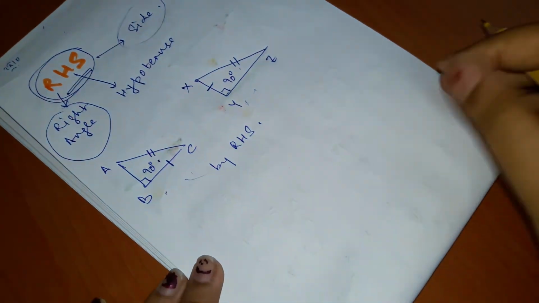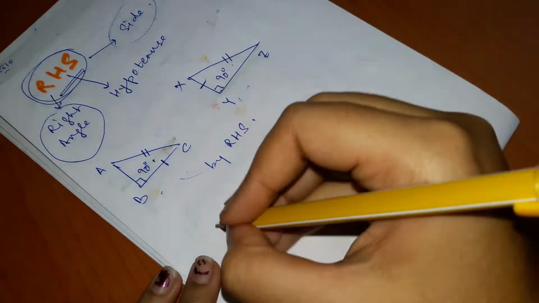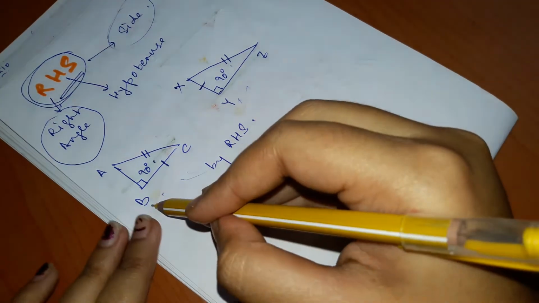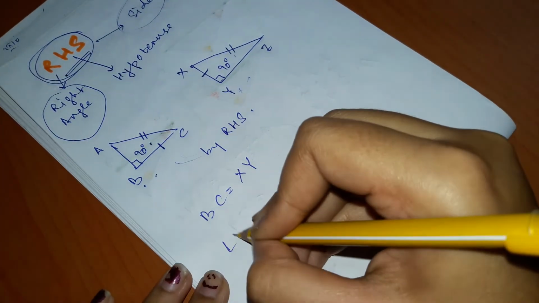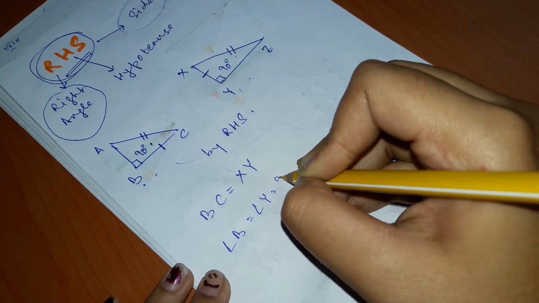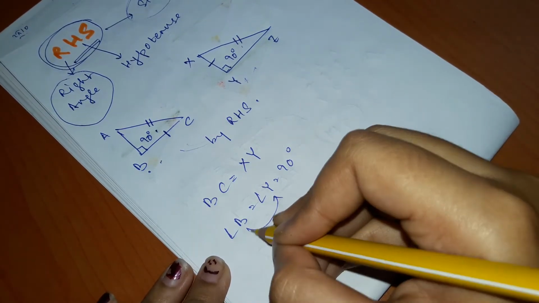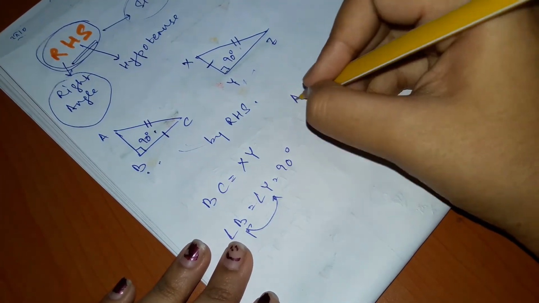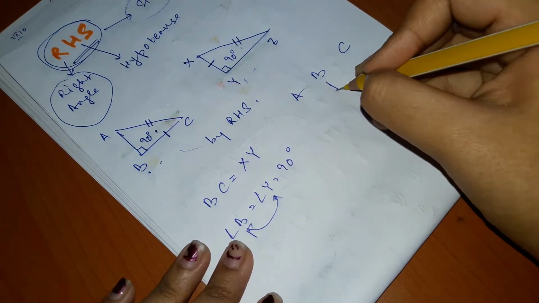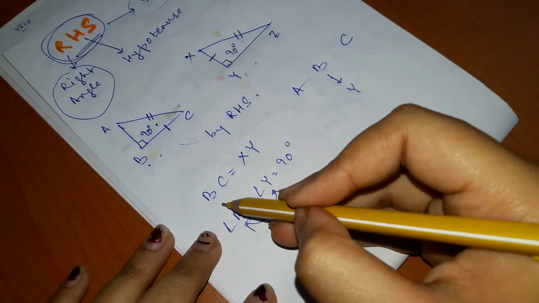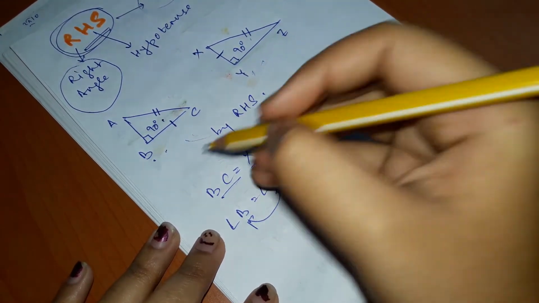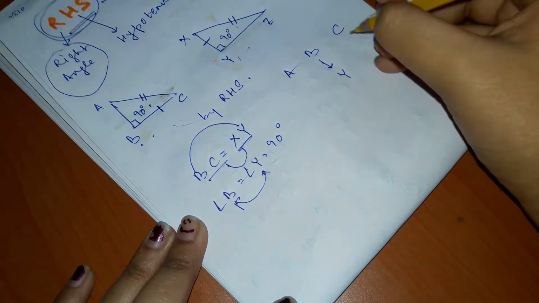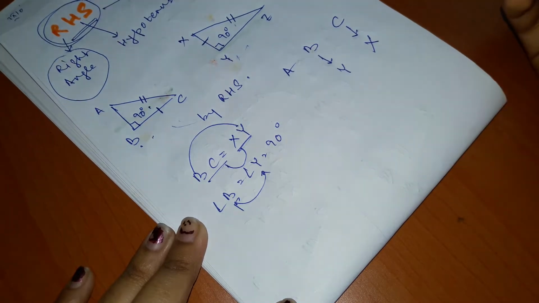So how will we write the order? BC is equal to XY. First of all, angle B is equal to angle Y, equal to 90 degrees. So B matches with Y. The vertex B will be placed on vertex Y. So A, B, C, if I start matching, B will be over Y. And here BC equals XY, so if B is matched with Y, it means C will be matched with X. So C under X. And what is remaining?